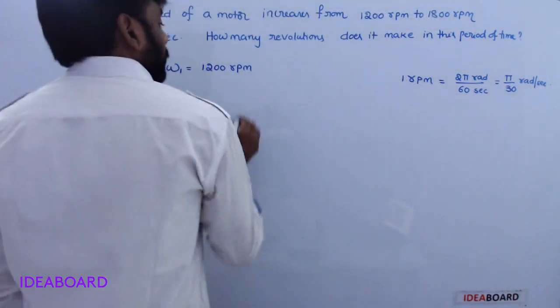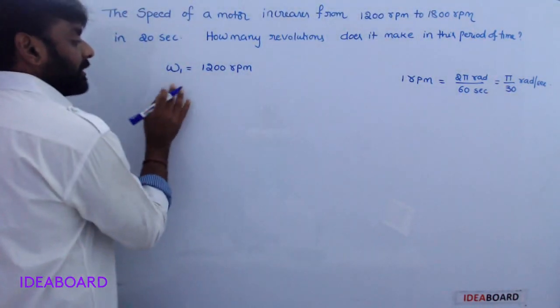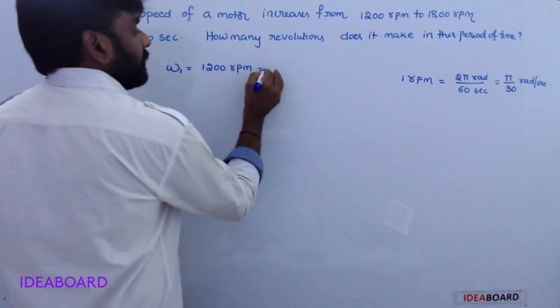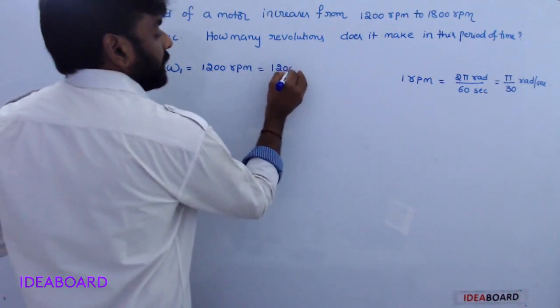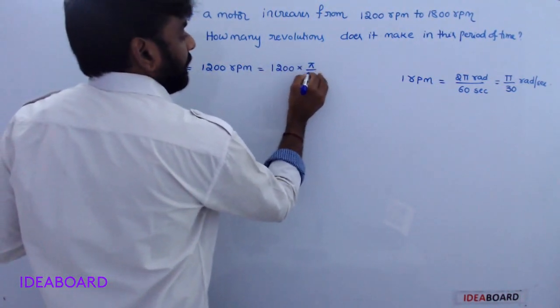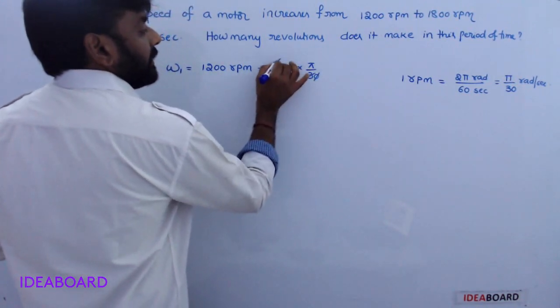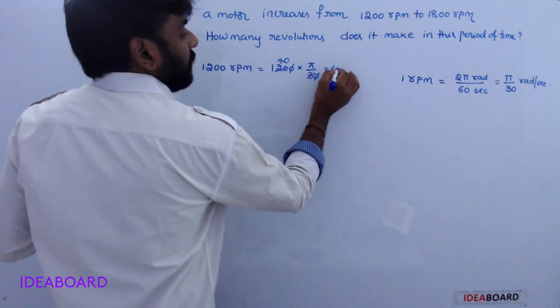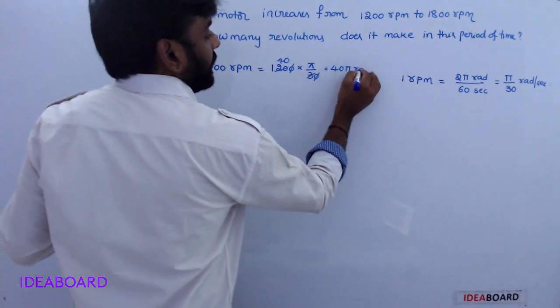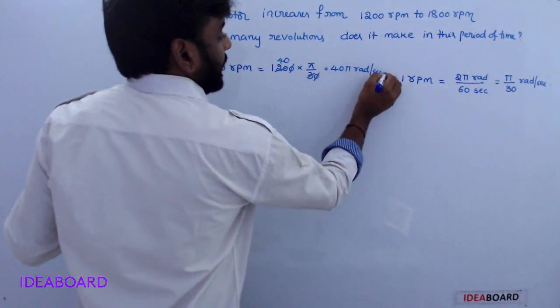So 1200 into pi by 30. The zeros cancel, here 40. 40 pi radian per second.